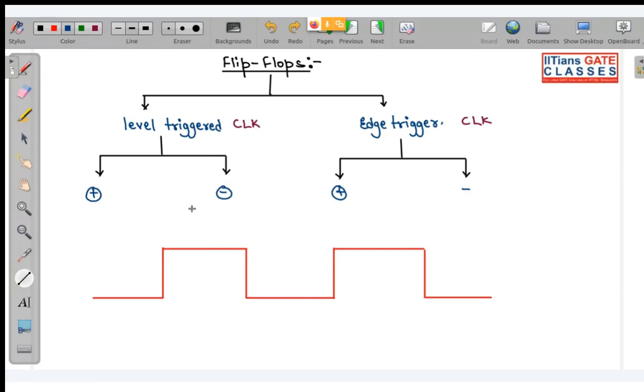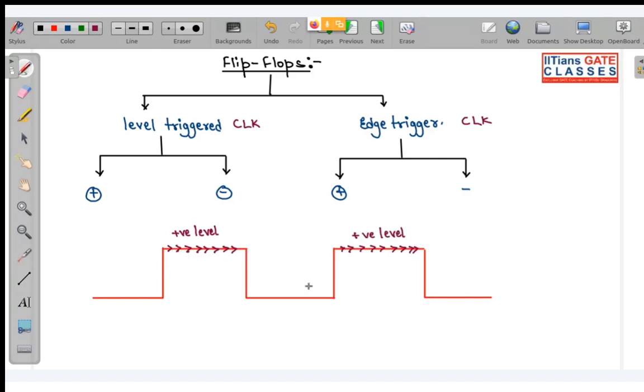If your flip-flop is level triggered, then what will happen? Your flip-flop is allowed to change state. If it is a positive level triggered flip-flop, it is allowed to change state only at this positive level, and this is also one positive level.